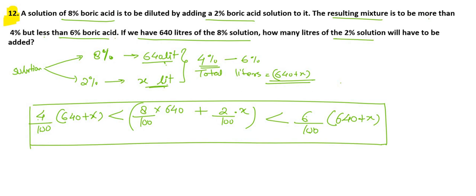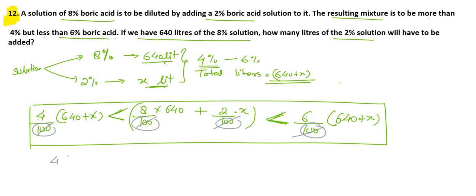Okay. So now we will start solving this inequality. See here, in each term 100 is there. If you look carefully, there is 100, 100, 100, 100. So we can easily cancel to simplify it. Okay.